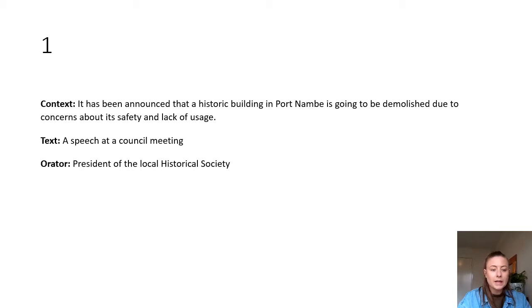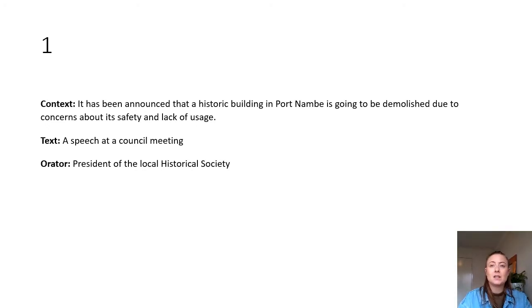So, when I look at this, I immediately think that because the orator of the speech is the president of the local historical society and the building that's going to be demolished is a historical building, my initial thinking is that the contention is going to be against the destruction of the building, and that it is very likely that the president of the local historical society is going to be advocating for the building to be repaired, perhaps, or better appreciated or repurposed.